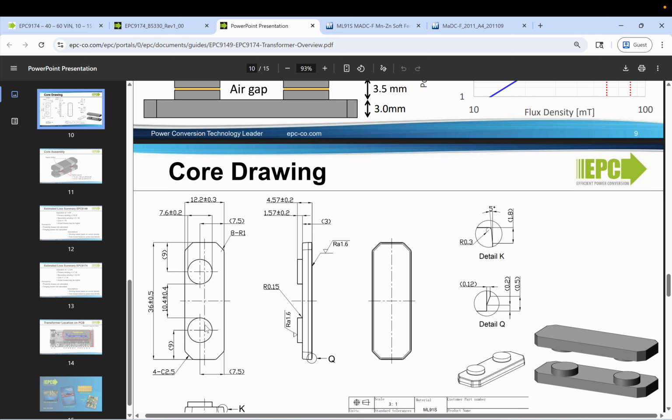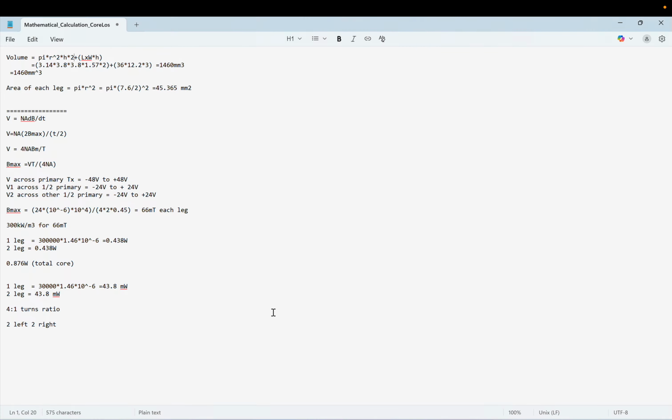To get the volume of this core, pi r square h, so 2 of them, then length, width and height of this one. This is 12.2 times 36 times 4.57 minus 1.57, that's like 2 or 3. That's this volume, and this volume is pi r square h, that's what I wrote down, and the area is pi r square, so you get millimeter cube, millimeter square.